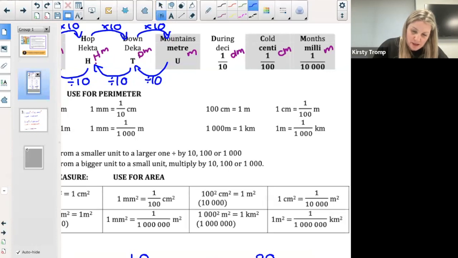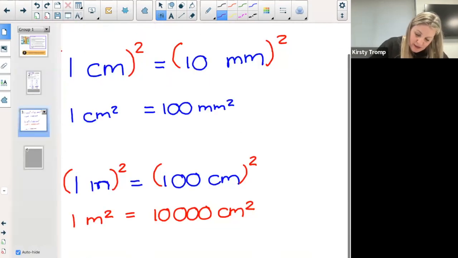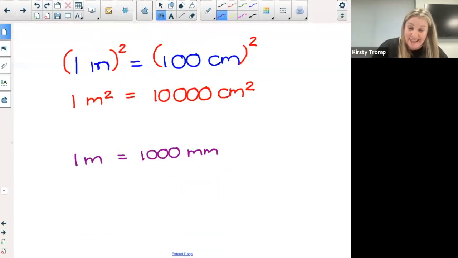Okay, so in 1 meter, there are 1, 2, 3, 1,000. Yes. Okay. So if I have 1 meter equals 1,000 millimeters. Right.